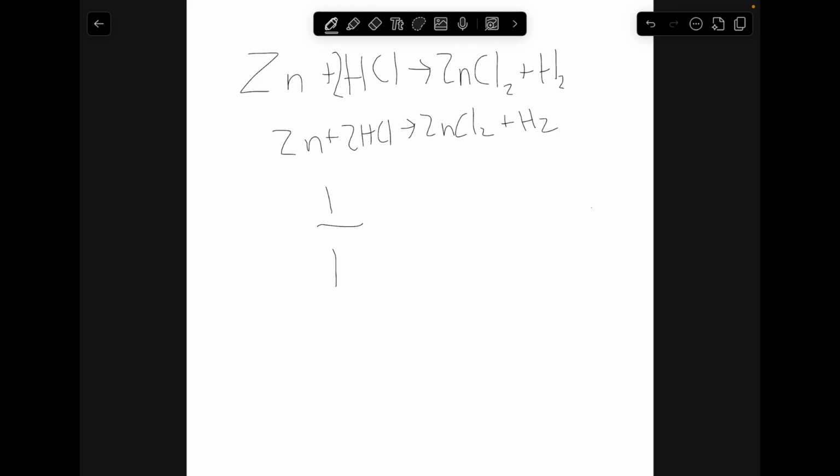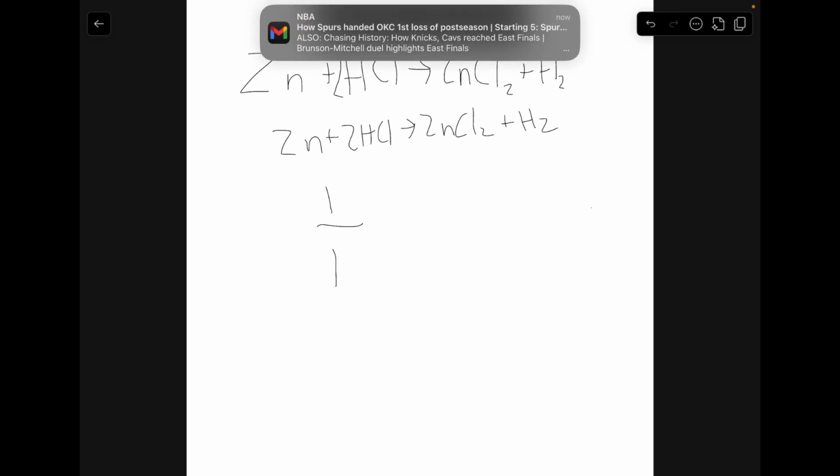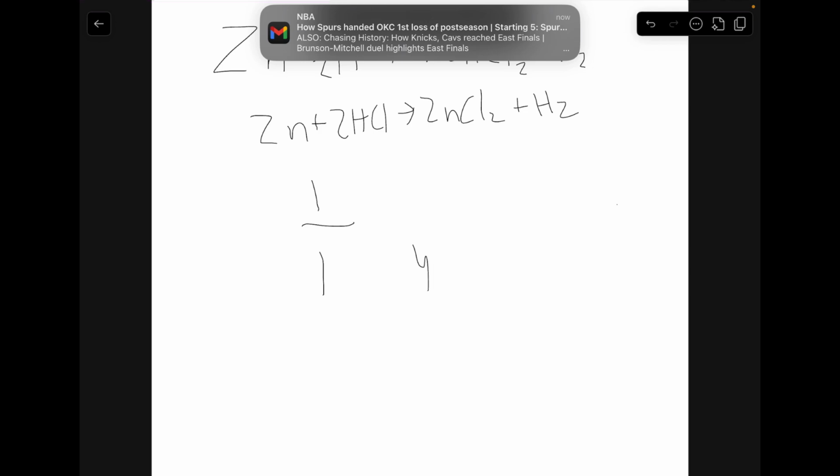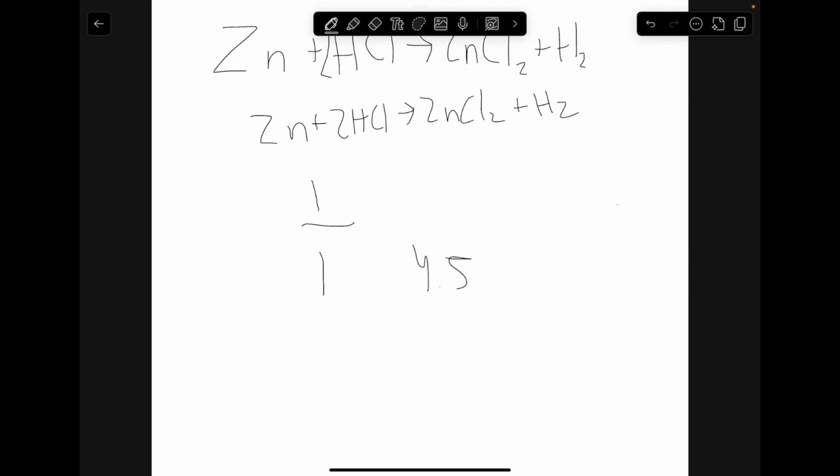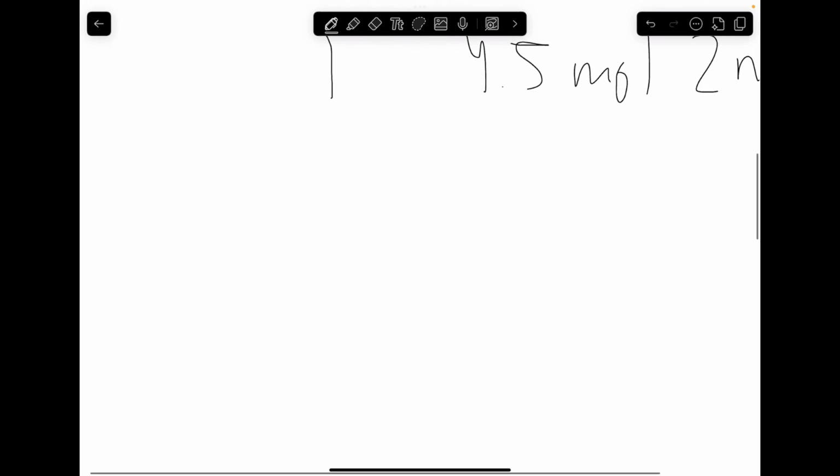So now let's set up our conversion using dimensional analysis so we can track our math. We start by writing our given value, 4.5 moles of zinc. So just like this. I'm going to write this down here, just like so.